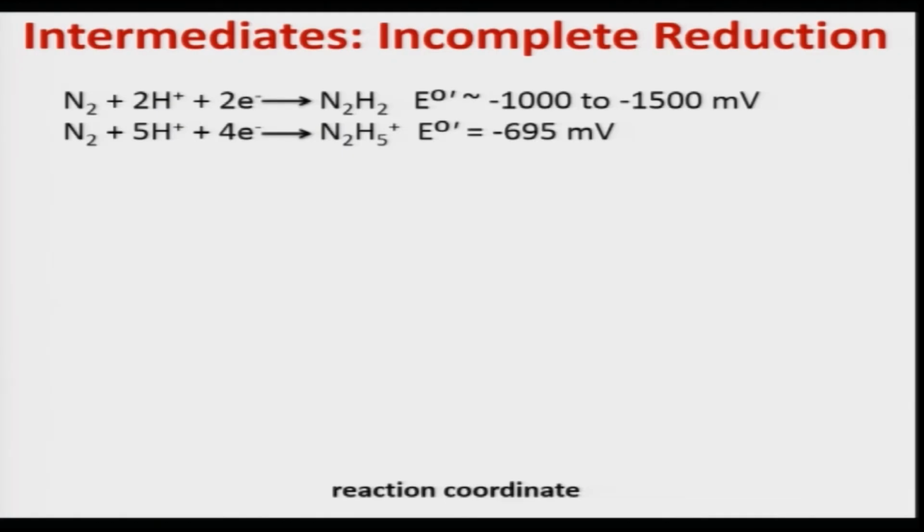This is a large potential, like minus 1000 to 1500 millivolt for N2 to N2H2, and for N2 to N2H5 plus it is minus 695 millivolt, which is a very large negative potential and impossible in a biological system to generate.